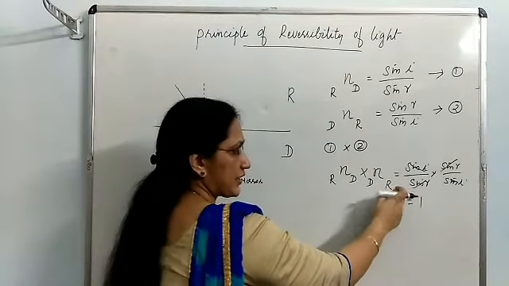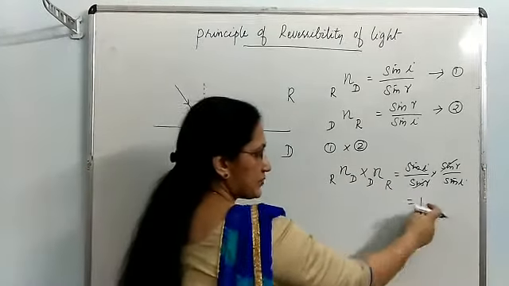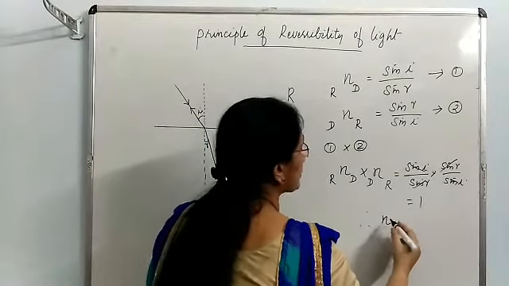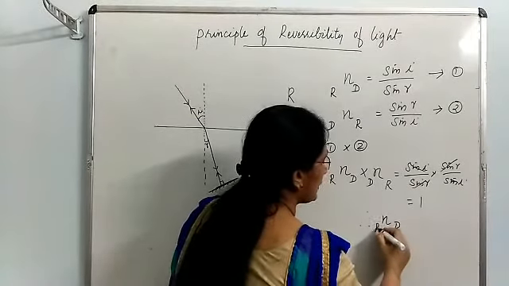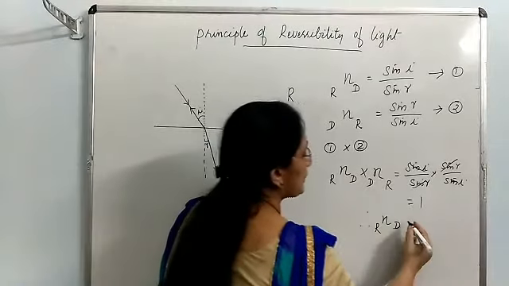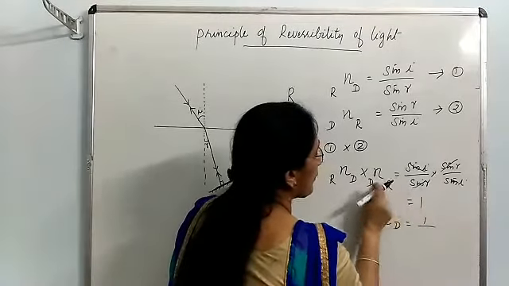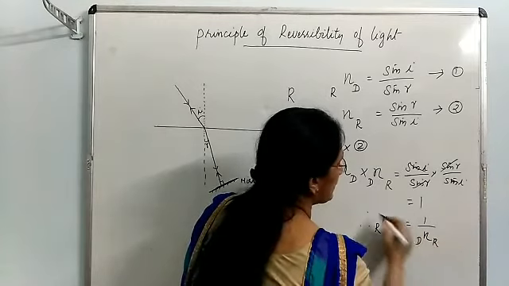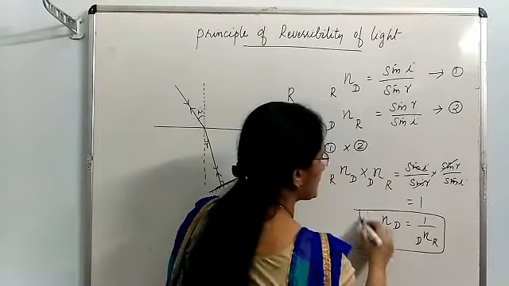Therefore, you can write the refractive index of denser medium with respect to rarer medium is equal to 1 upon the refractive index of rarer medium with respect to denser medium.